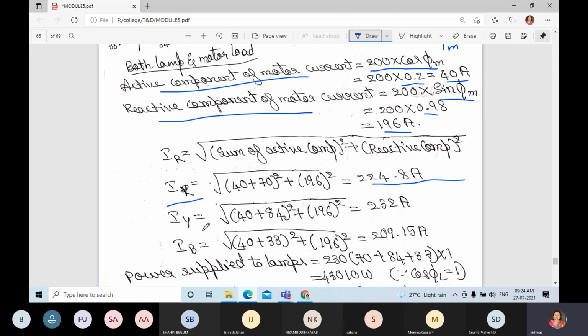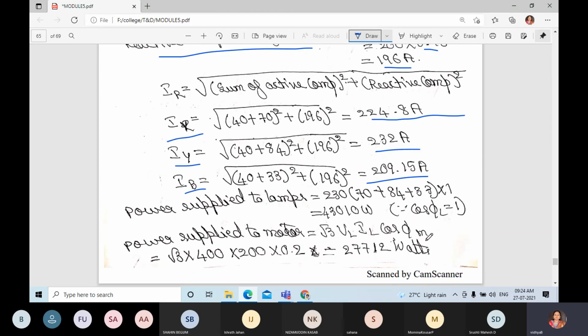When you consider IY, 40 plus 84 whole square plus 196 whole square, you will get 232 amps. Next is IB. Each phase we have taken here. IB is equal to 40 plus 33 whole square plus 196 square, you will get 209.15 amps.